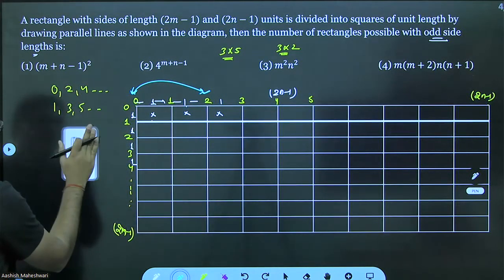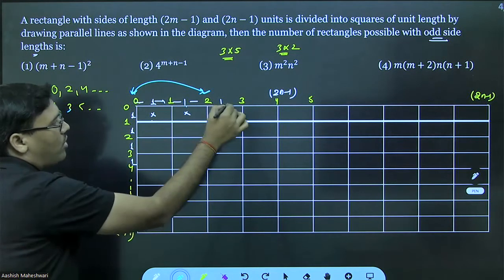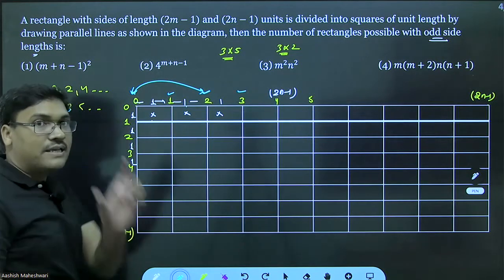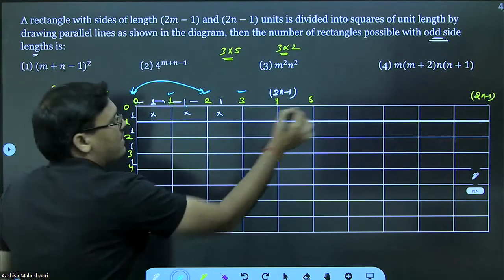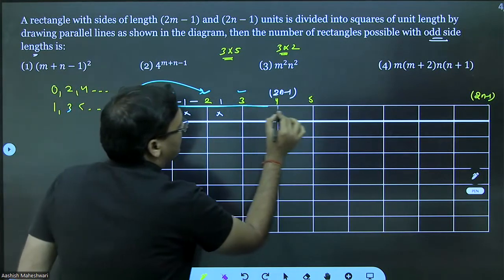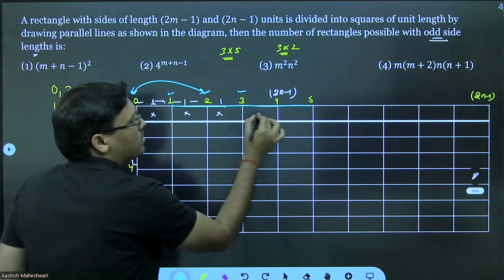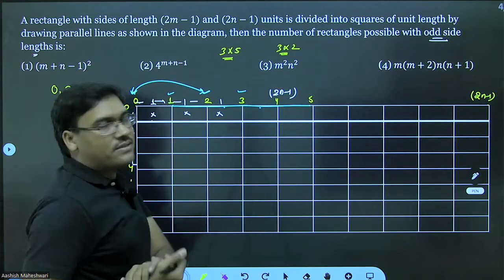Similarly, exactly the same thing you can say for odd numbers also. For example, if I take 2 odd numbered lines, for example, 1 and 3, the gap between them will always be even. You can see, for example, if I take 1 and 5, what is the side length? If I take line number 1 and line number 5, we have 1, 2, 3, 4 sides, that is an even unit, you can say.